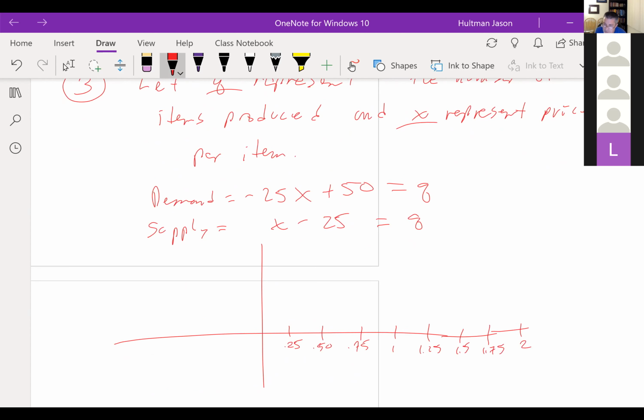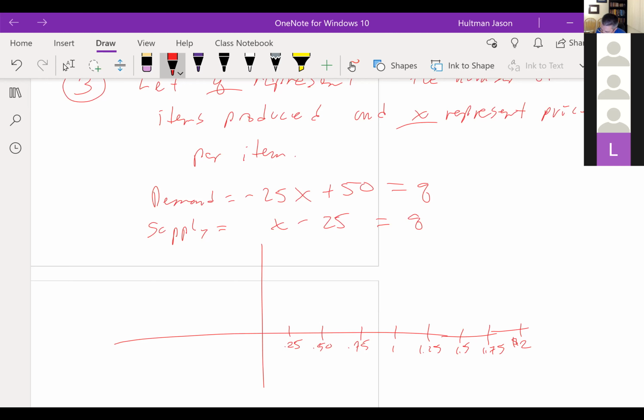Okay, what does it mean? What is happening at $2? That this thing would become 0. At $2, nobody's buying your product. Does that make sense? The quantity demanded at $2, nobody bought it.